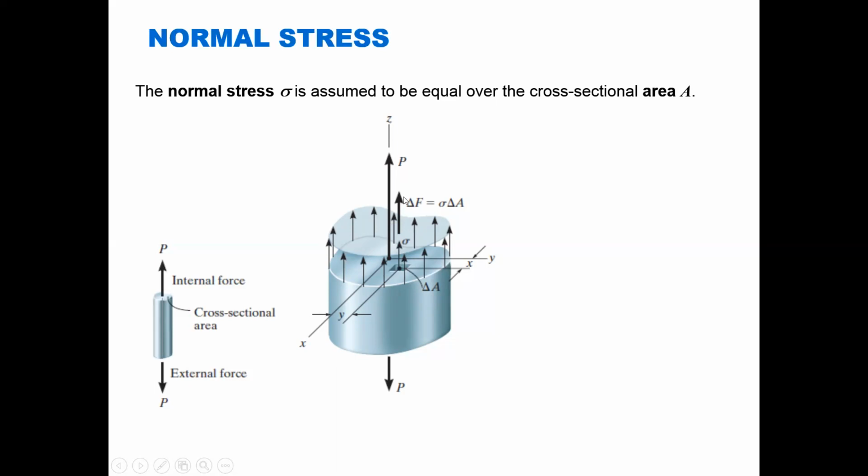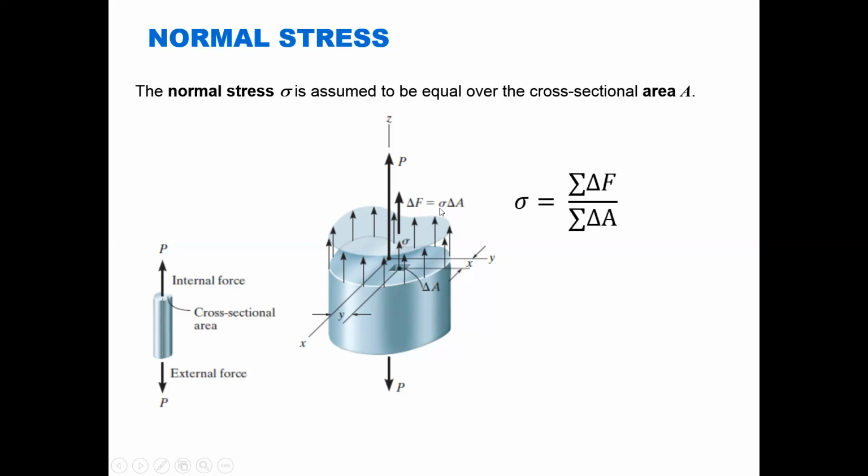So we sum up the forces here, we get P, and obviously if we sum up all of the delta A's, that would be the total cross-sectional area. The normal stress sigma, this is a Greek letter, lowercase sigma, being constant, would just remain by itself as sigma.